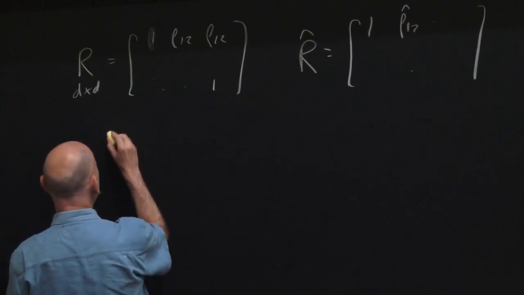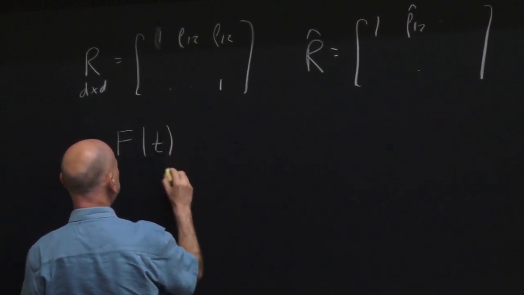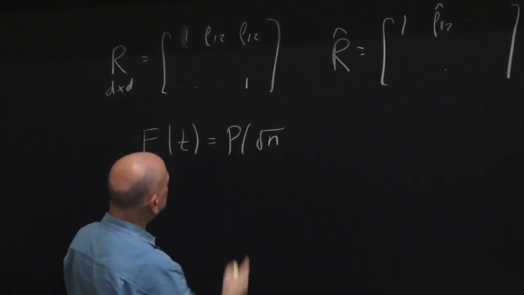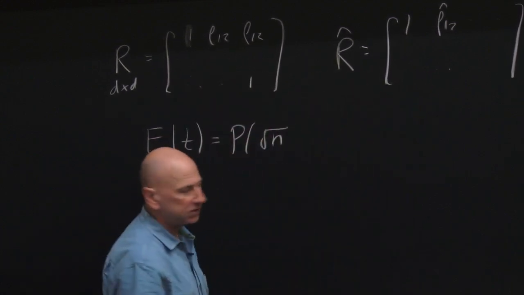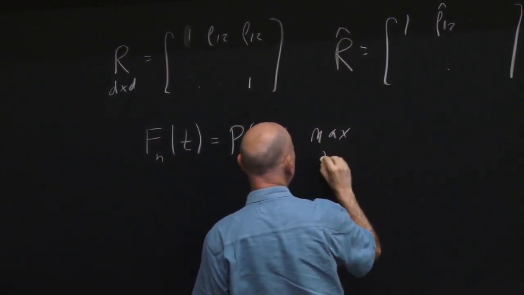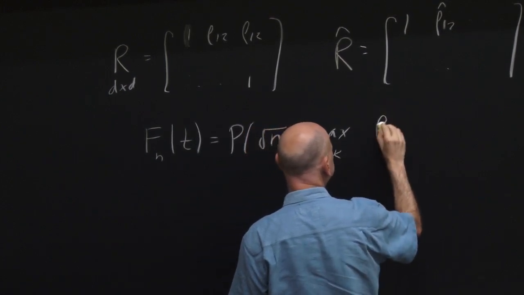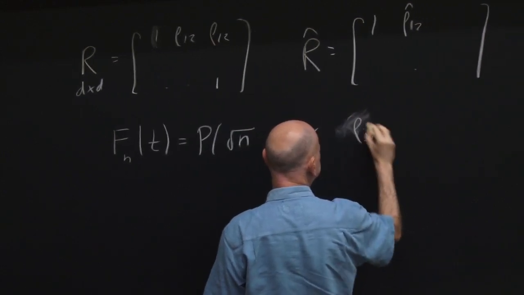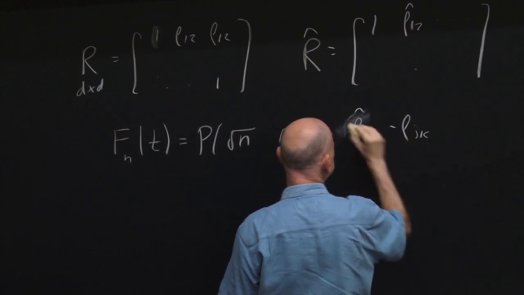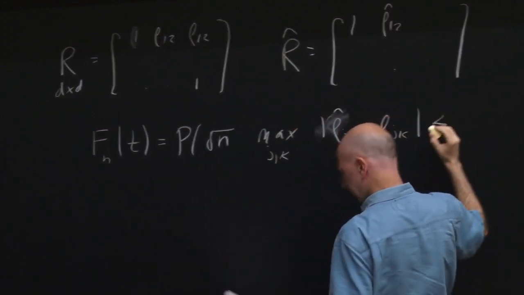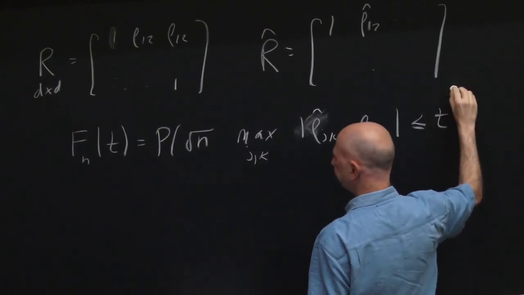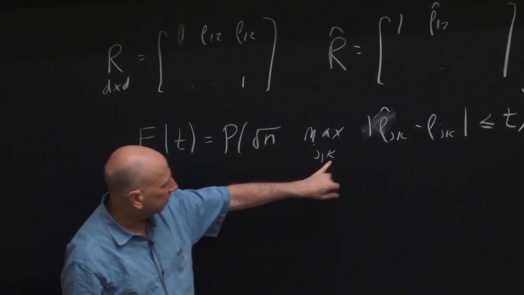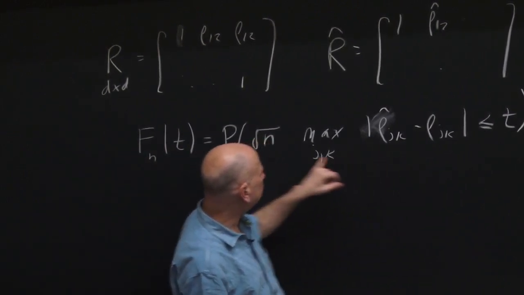Let me define F of t to be the probability of the square root of n times, and I'm going to take the maximum over all jk. So I'm looking at the difference between the estimate and the truth, and I'm taking the maximum over all of them.